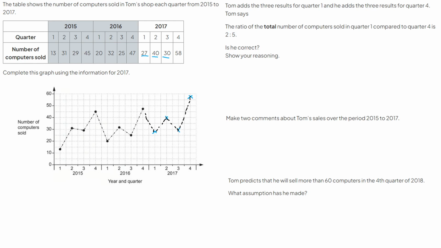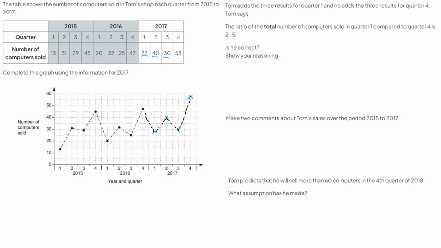Now, Tom adds the 3 results from quarter 1 and he adds the 3 results from quarter 4. The ratio of total number of computers sold in quarter 1 compared to quarter 4 is 2 to 5. Is he correct? Well, let's add the 3 results of quarter 1.